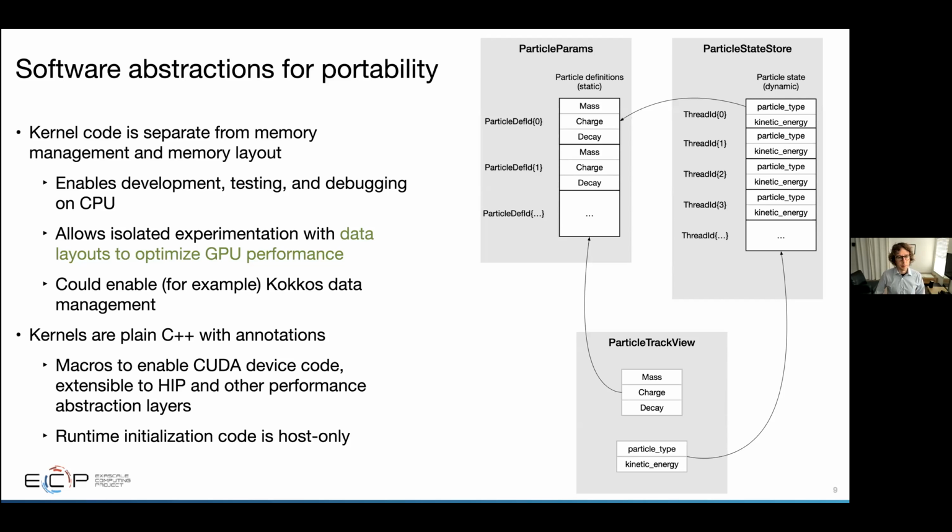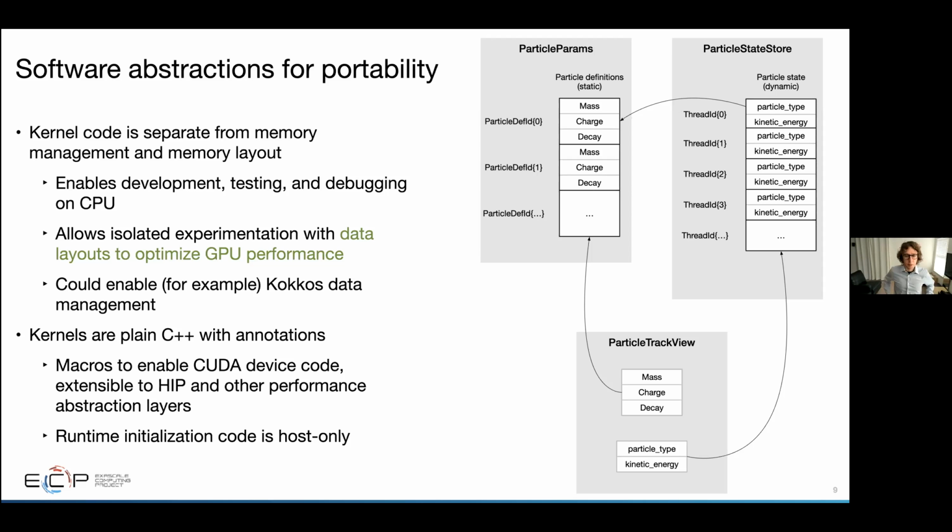We do this by basically having a separate data container that stores the particle data and so forth, the material data. And then we instantiate another view to that data that takes the local GPU thread ID. That view is what actually allows us to do all the computational work.